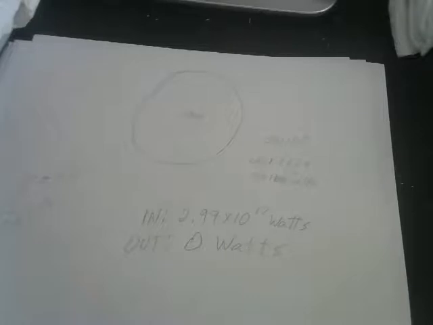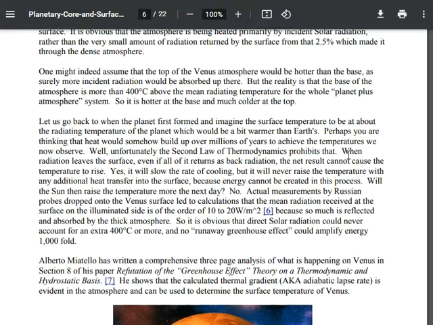And if you could keep that up for a long time, eventually you would end up reaching a thermal equilibrium with the sun, which is about 5,800 Kelvin. So he goes on to say, when radiation leaves the surface, even if the net result cannot cause the temperature to rise.